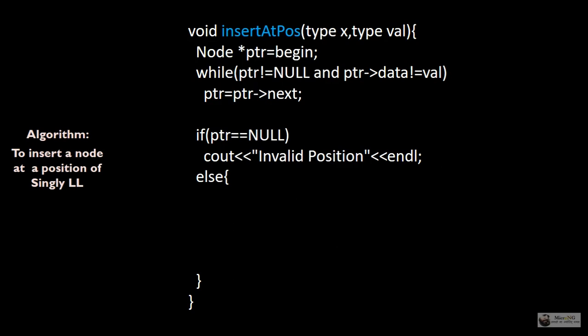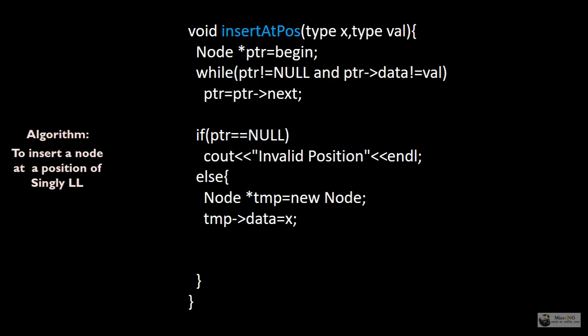Else, that means the val is present in one of the nodes and PTR has reached that particular node. If that is the case, first we create a temporary node. TMP is a temporary node which will have two parts, the data part and the next part. First we store the data part. The x is the value we want to store, so we store it into the data part of TMP, the newly created node.